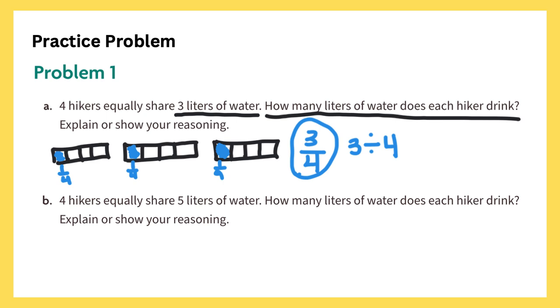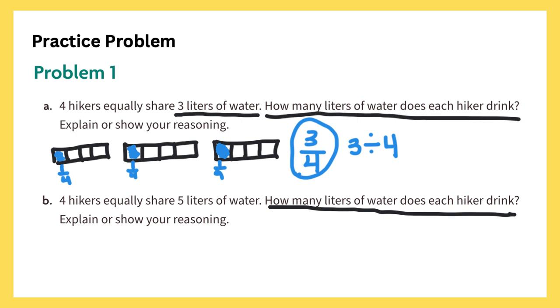The next one says 4 hikers equally share 5 liters of water. So this sounds like a much better situation if you're out hiking with 4 friends, well, 3 other friends. How many liters of water does each hiker drink? And again, I'm just going to go ahead and underline my question so I don't get confused.